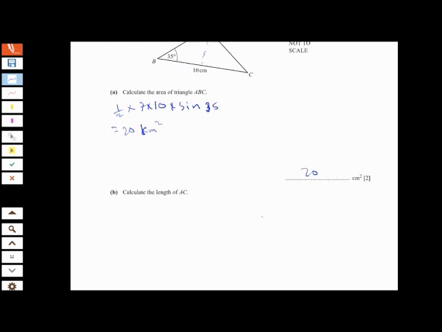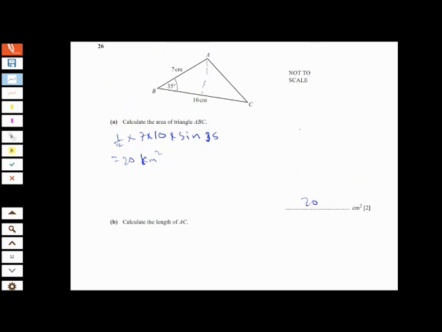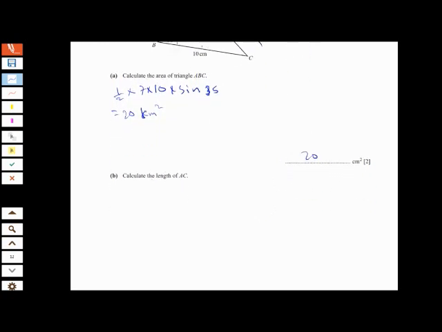Now question B: calculate the length of AC. Length of AC, which is this right here. Use the cosine rule and you'll find it easily.